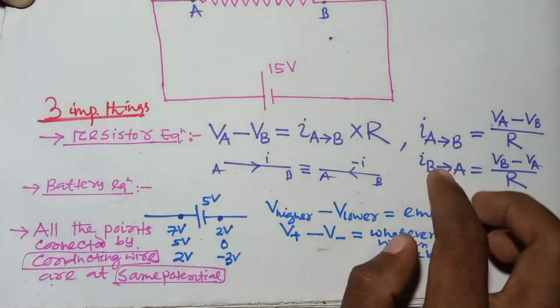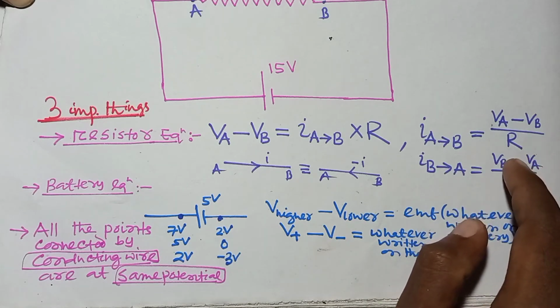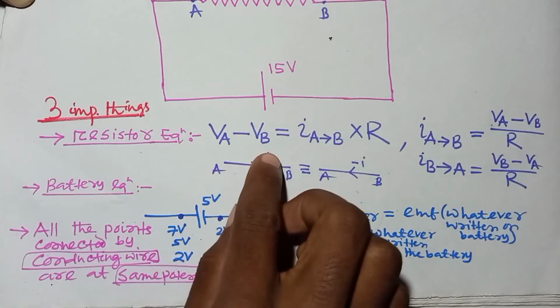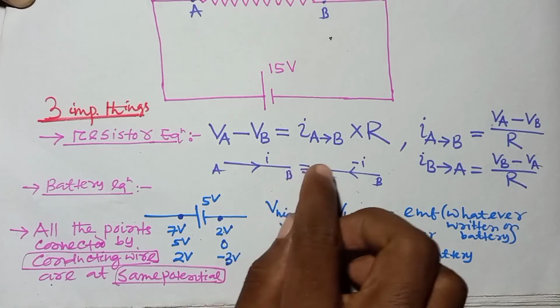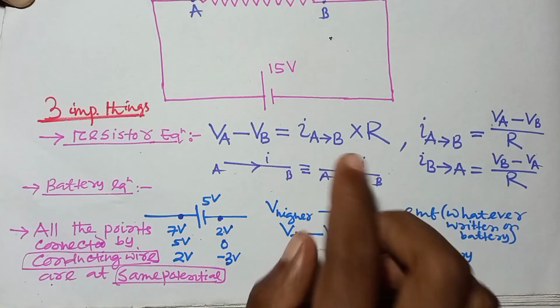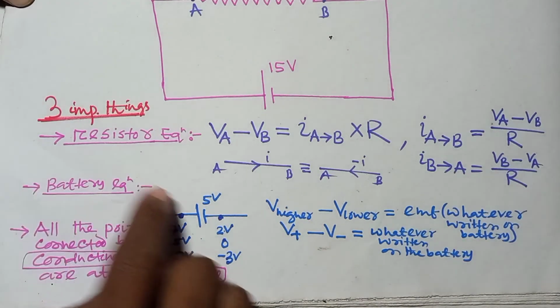If I want to find out the current flowing from B to A, I have to write Vb minus Va upon resistance value. And the current of I flowing from A to B is exactly equivalent to a current of minus I flowing from B to A.